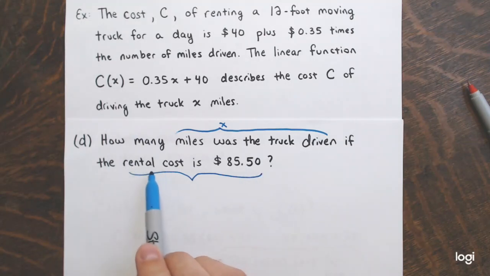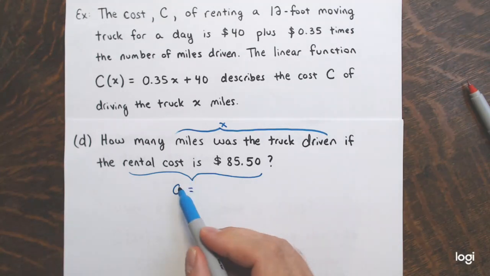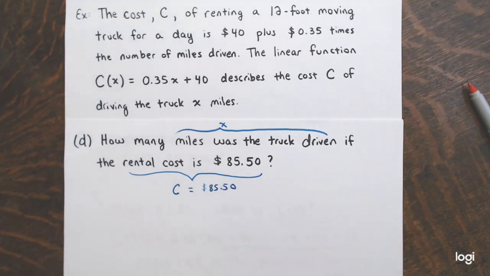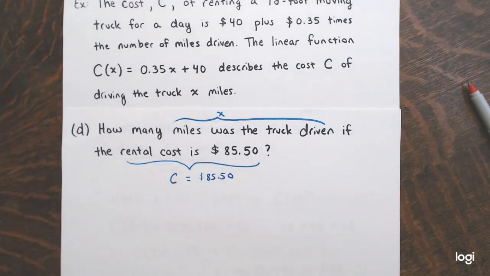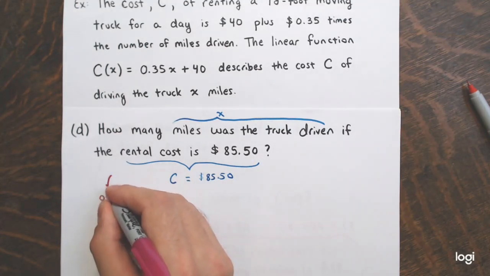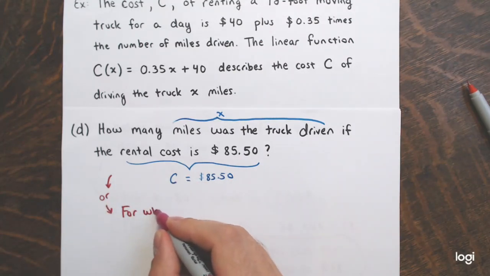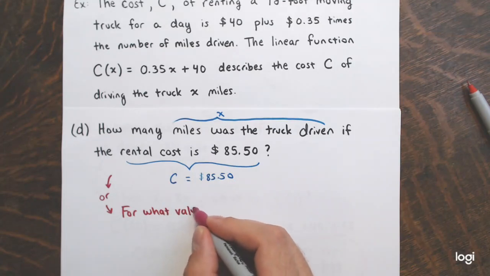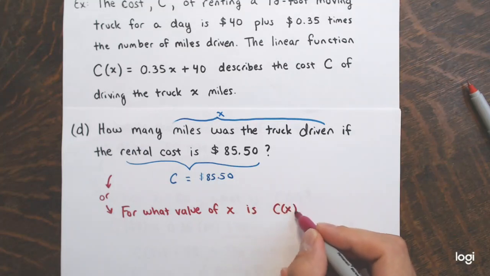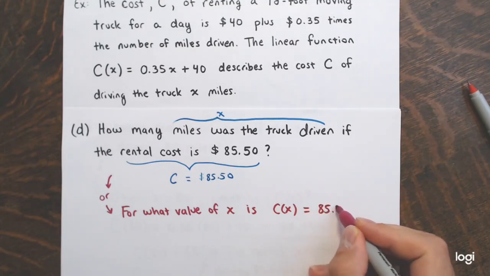So they're giving us the rental cost. That was the value of C. So C, or C of x, is $85.50. Another way to ask this question is: for what value of x is C of x, the cost at that x miles, equal to 85.50?